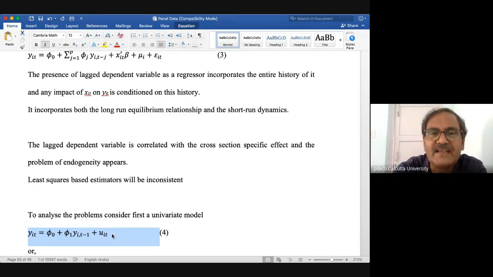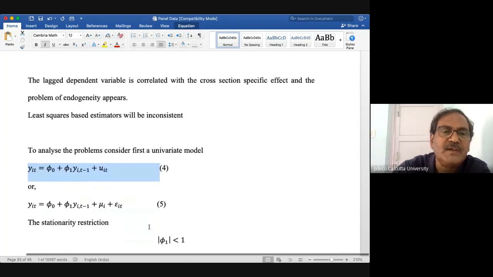So you can tackle the problem of unobserved heterogeneity as in the case of a static panel data model. But the additional problem you have to face when you use a lag dependent variable is the problem of endogeneity. So we are focusing mainly on the problem of endogeneity here, how this kind of problem appears and how to resolve it.